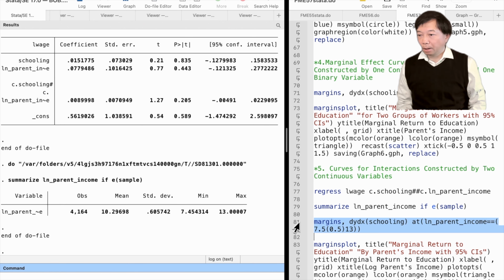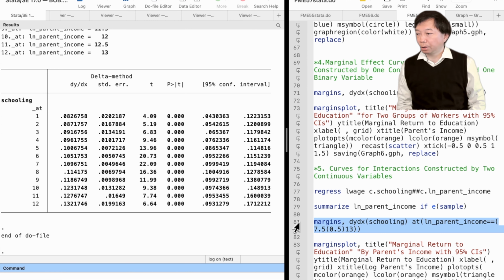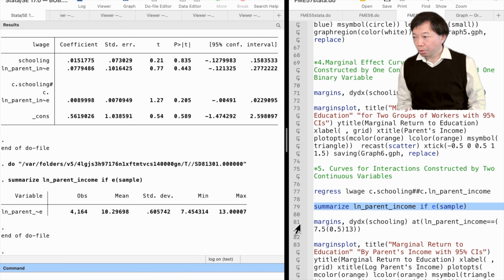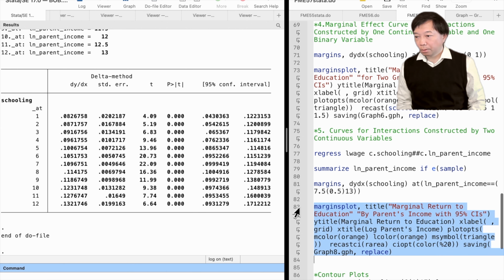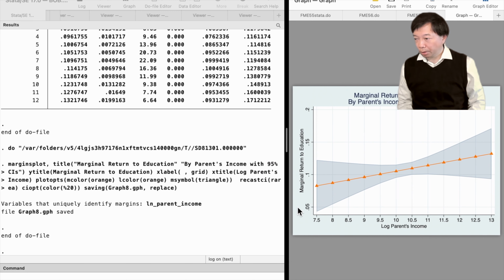The margins command with the dy/dx option gives the marginal returns to education. The add option specifies values of parents' income, in which we evaluate the marginal effects. We choose the entire range of log parents' income. Then Marginsplot draws the marginal returns to education curve. It increases with parents' income, implying that education and favorable family background reinforce each other.